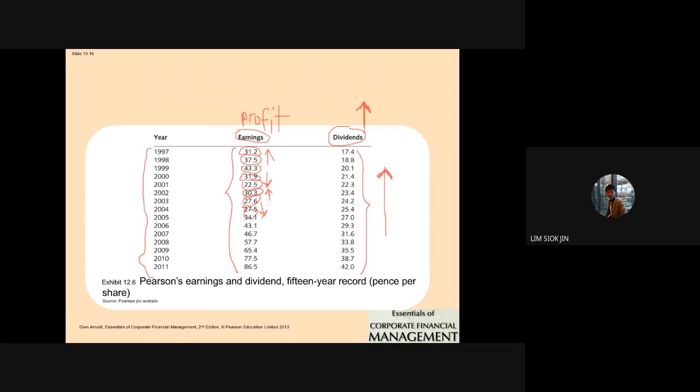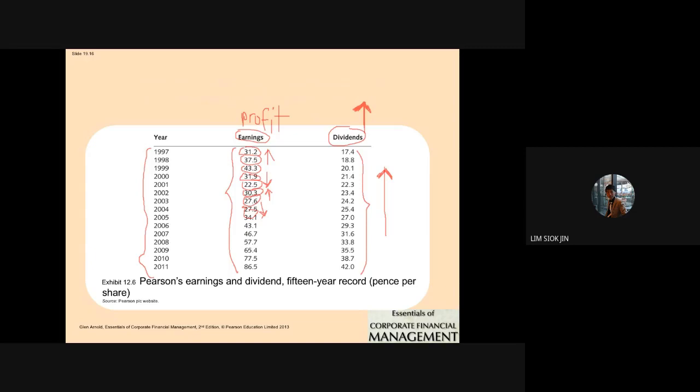So no matter how much the company earns, the company makes sure that they always increase their shareholders' earnings. They don't care what they earn, but as long as they make money, they make sure that every year the owner or the shareholder of the company has a higher income.